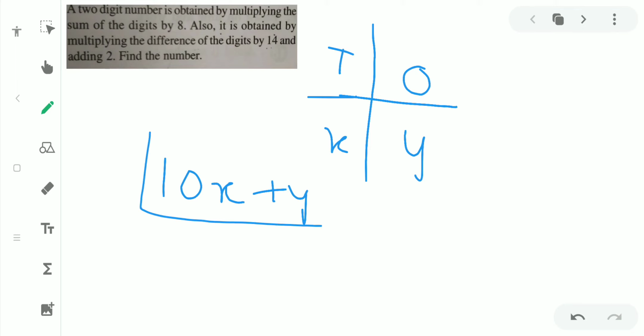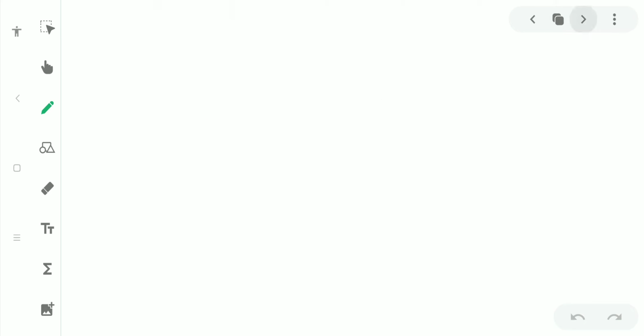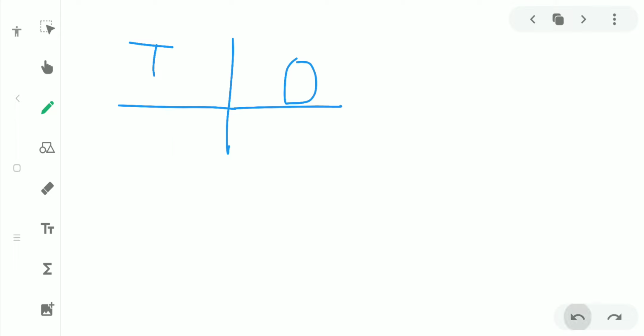You may get a question, how did I get this? If my assumption is that the tens place is 3 and the ones place is 4, we read it as 34.